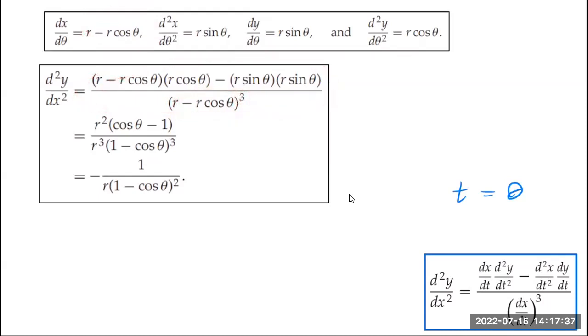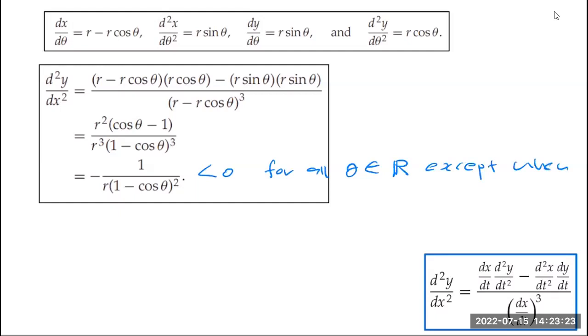If you simplify this expression, you should be able to see that d squared y over dx squared is equal to minus 1 over r times 1 minus cosine theta, whole thing squared. Now notice that this is negative, less than 0 for all theta in R, the set of real numbers, except when theta is an even multiple of pi.